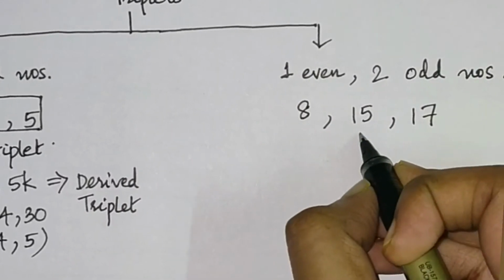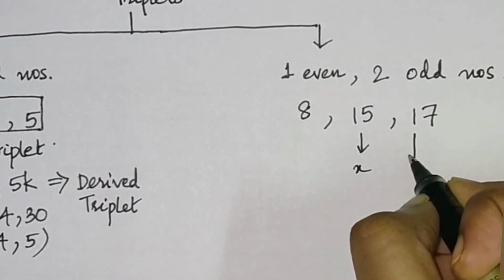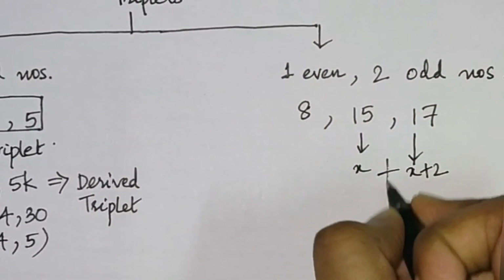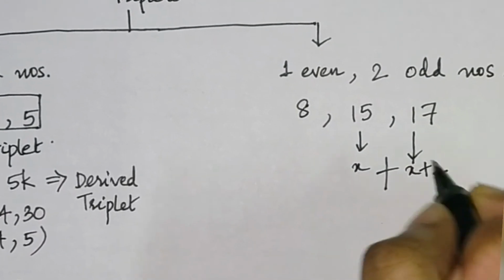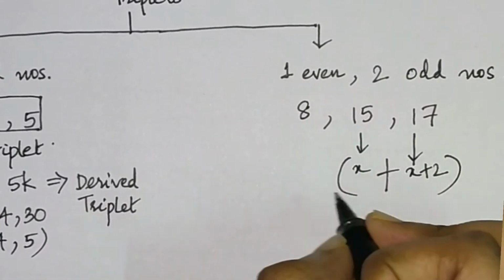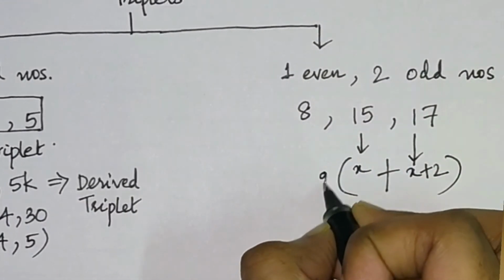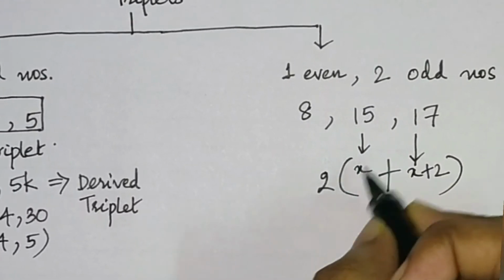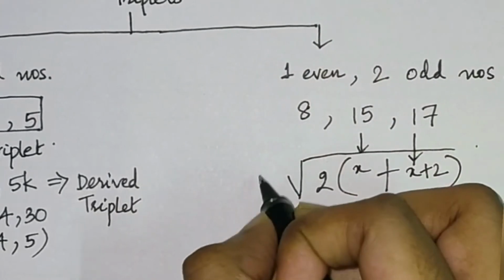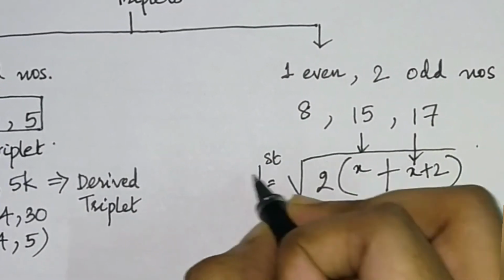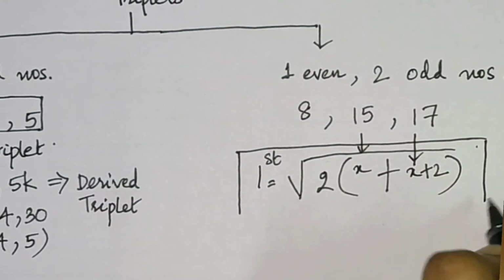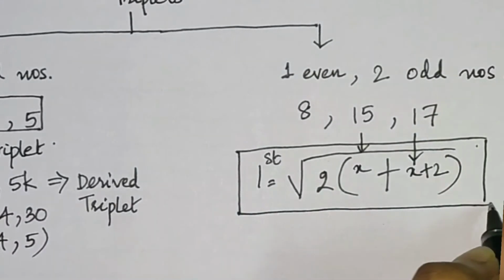So if you take the second number as x and the third number as x plus 2 and add them, there's another important point to note: you have to double the sum. Do twice the sum and find the square root. This will be equal to the first number. So this is the trick for Pythagorean triplets containing one even number.